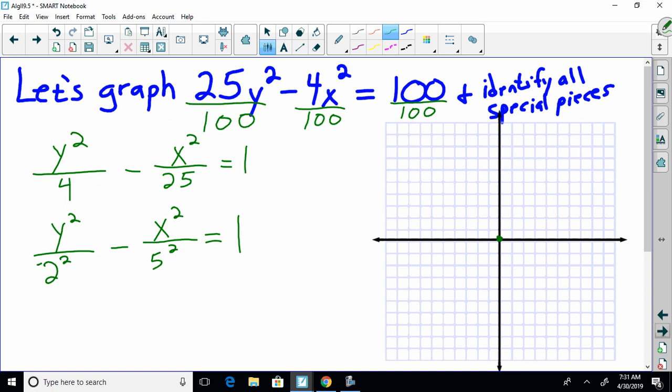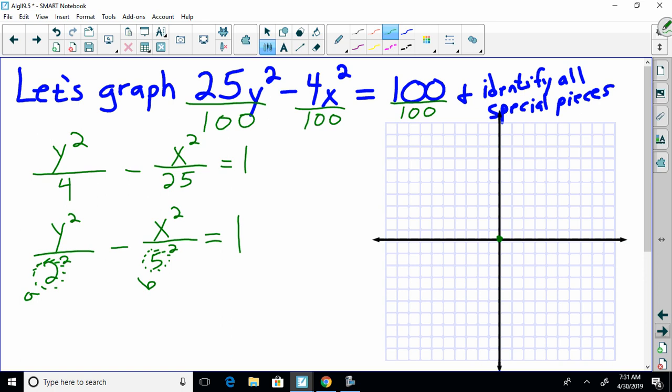Remember that the first denominator is a squared, so a is 2. That makes b 5.